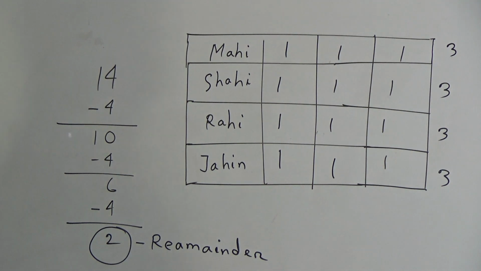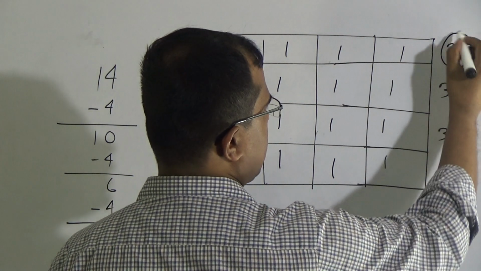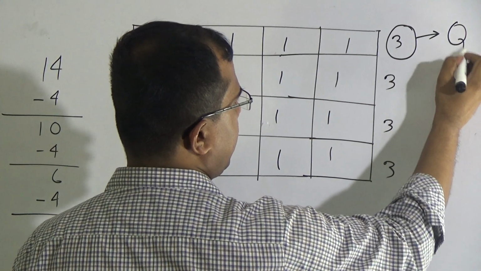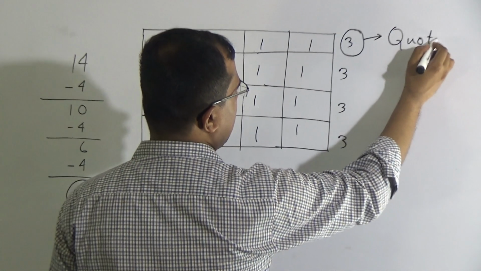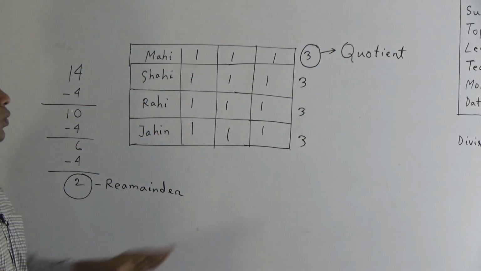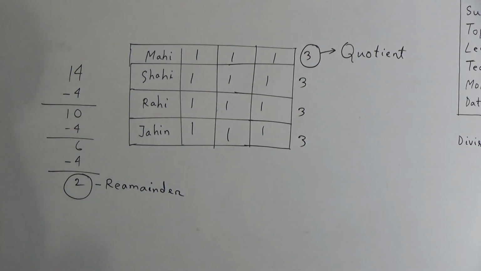That means we are watching that after distribution, each student will get 3 chocolates. Dear students, we will say these 3 is quotient, Q-U-O-T-I-E-N-T, quotient. In division, we will say these 3 is quotient and these 2 is remainder.